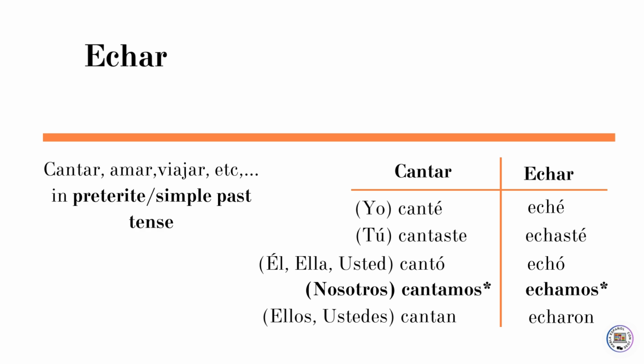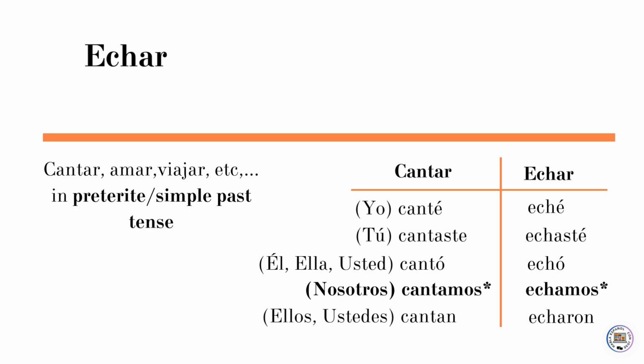Otro ejemplo. In that video that I mentioned about the 5 usages of echar, we had these conjugations, and you see here they are in the simple past tense, or the preterite. So the actions are in the past, in the period, like here. Yo canté, tú cantaste, él cantó, nosotros cantamos, the same conjugation in present and past.